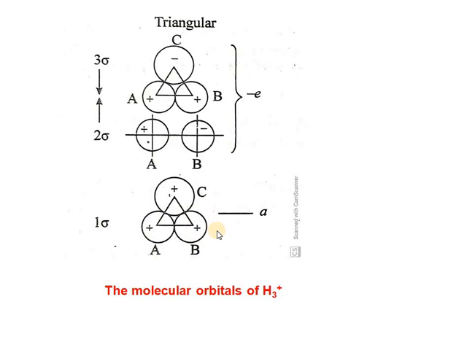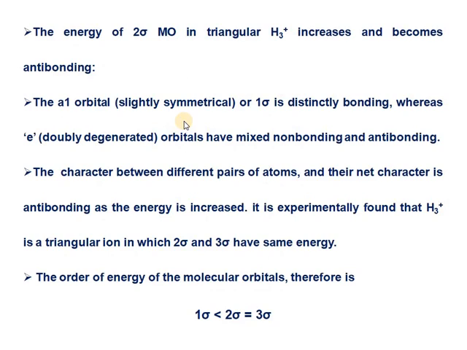Now we see these three orbitals greatly overlap with each other, but it is a 2σ molecular orbital. We observe that it is a non-bonding molecular orbital and it is an anti-bonding molecular orbital. Means it is a doubly degenerate orbital, or a mixed orbital, right?